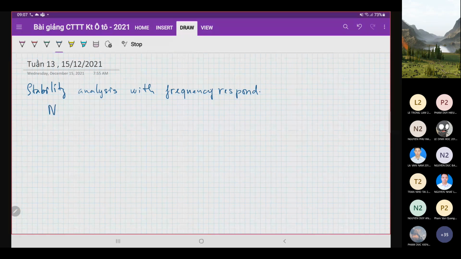Okay, we call it the Nyquist stability criterion.